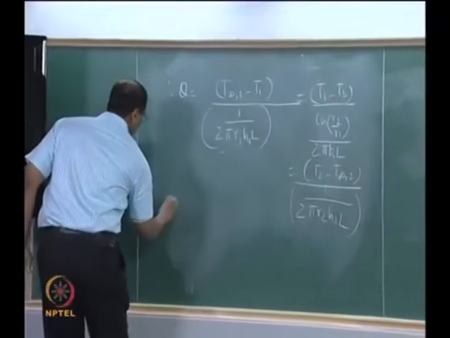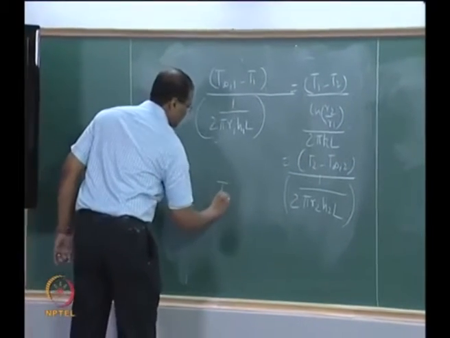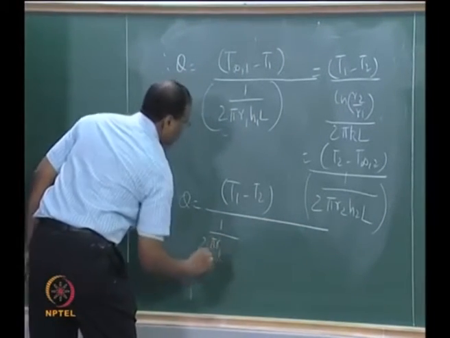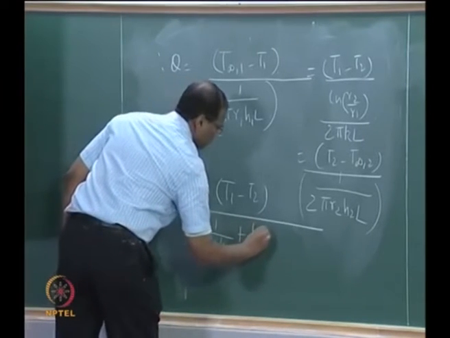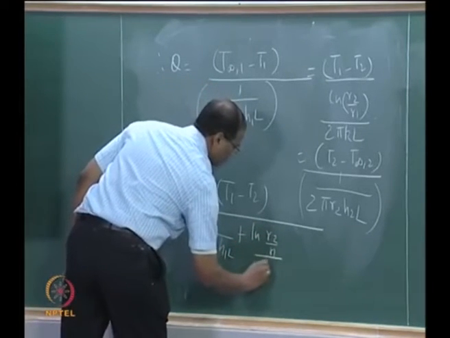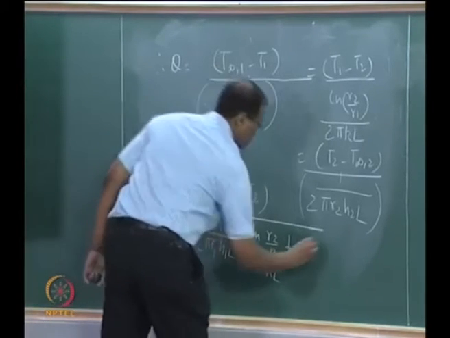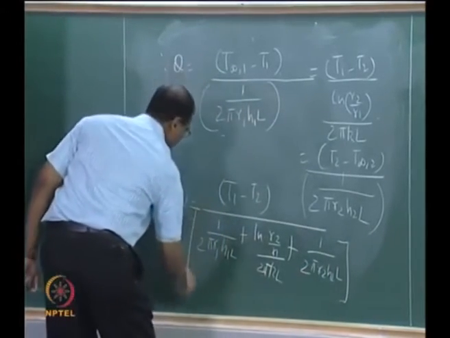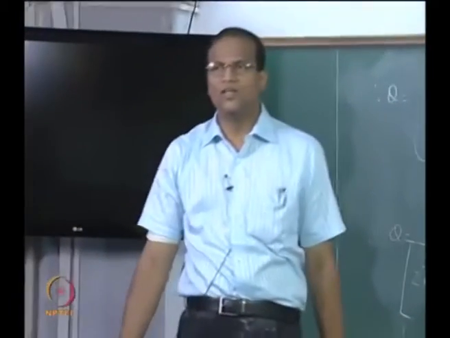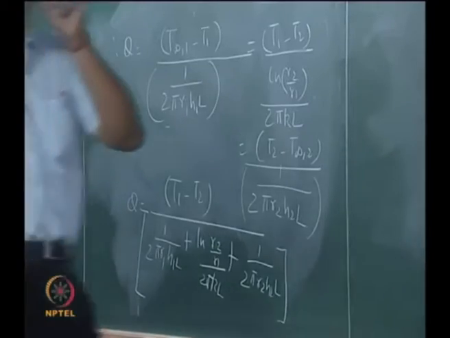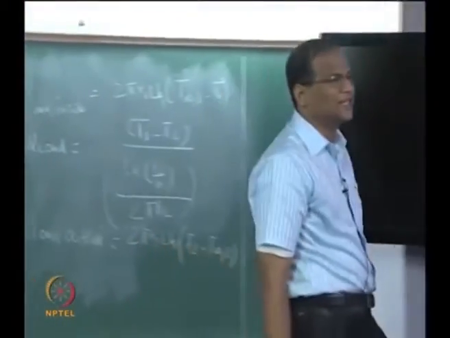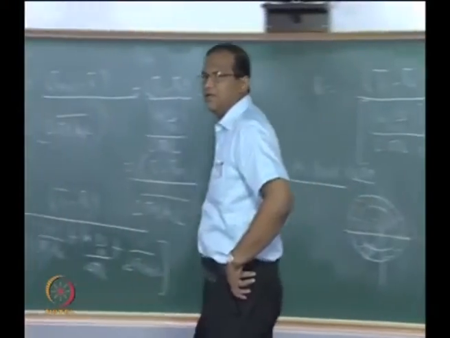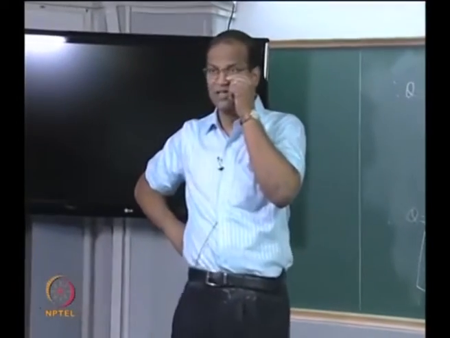Therefore, the three terms in the denominator are: the first term represents the convective resistance on the inside, the second term represents the conduction resistance across the thickness of the tube, and the third term represents the convection resistance on the outside.